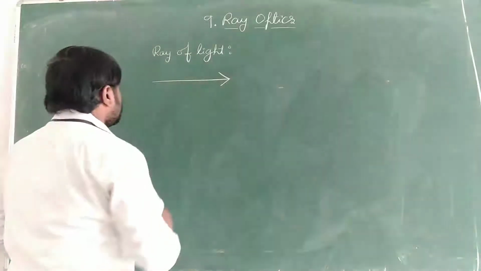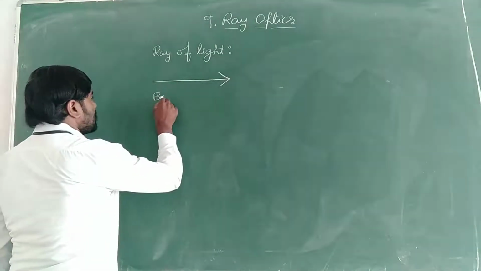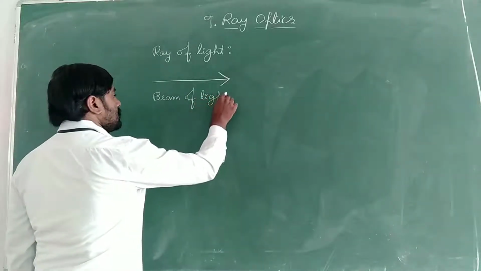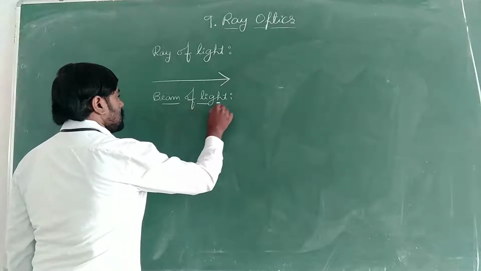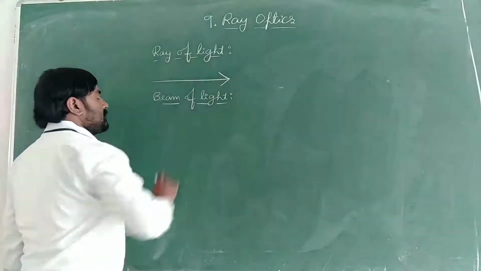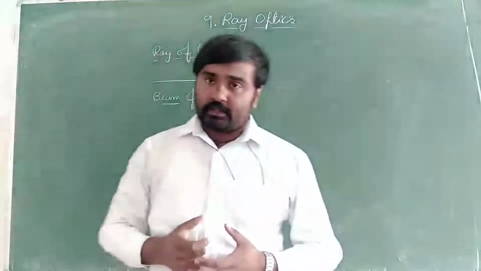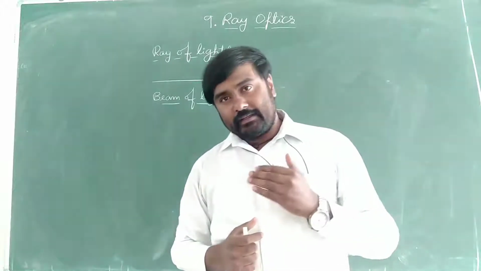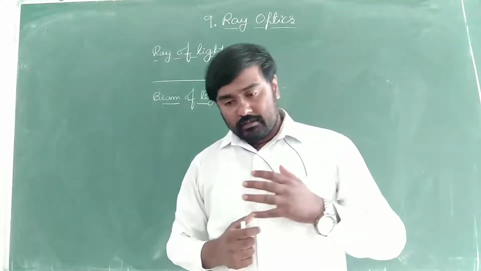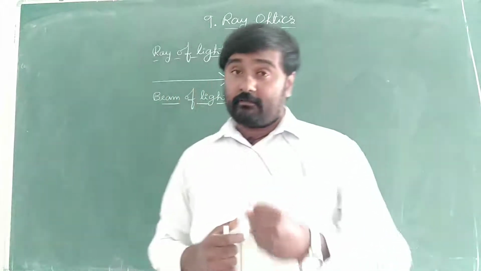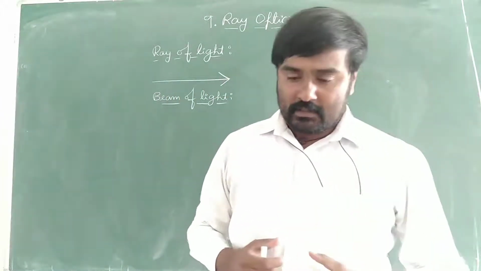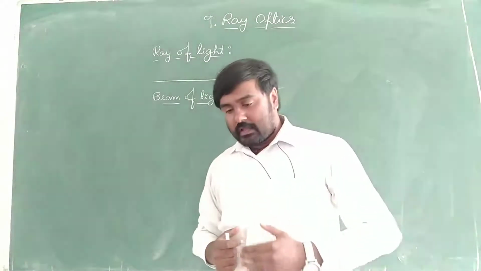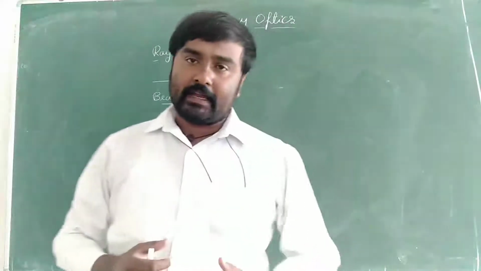The next very important term is the beam of light. A beam of light means a collection of identical rays. A collection of identical rays is called a beam of light.